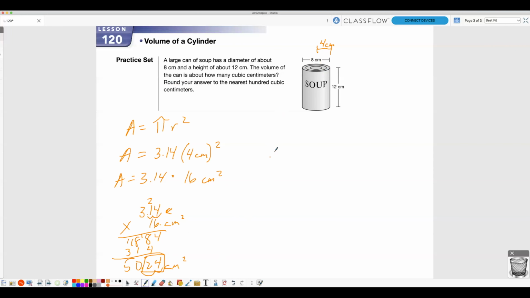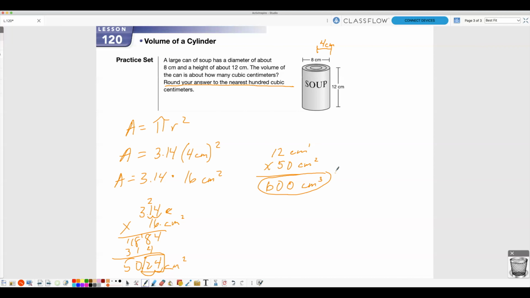I'll end up having 12 centimeters, which is the height, times 50 centimeters squared, which is an approximation. 50 times 12 is simply 600, and that would be cubic centimeters, because we have centimeters to the first power here and centimeters squared here, which ends up being cubic centimeters.